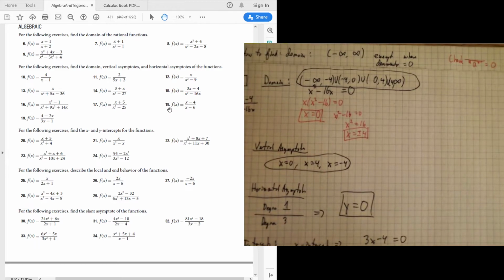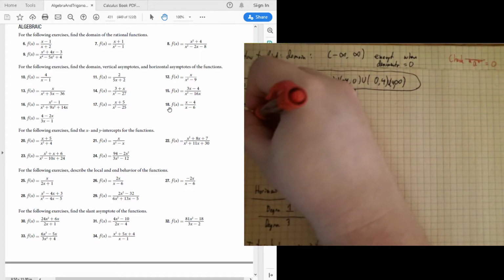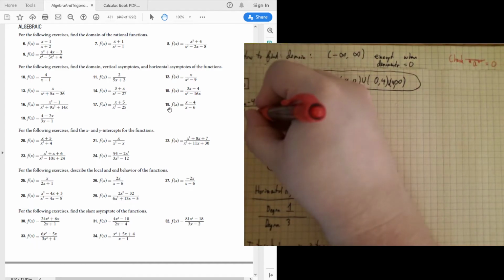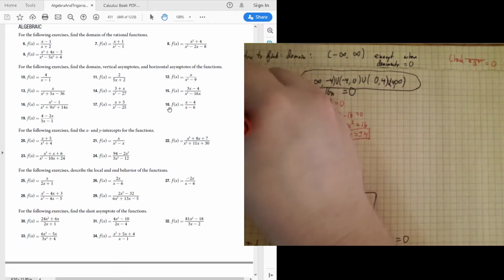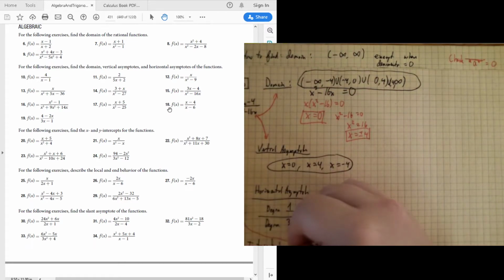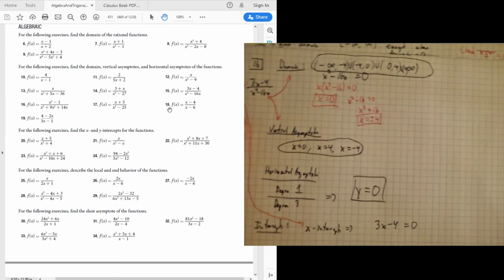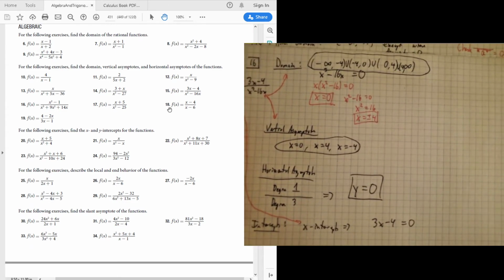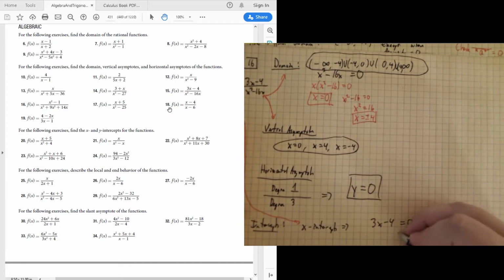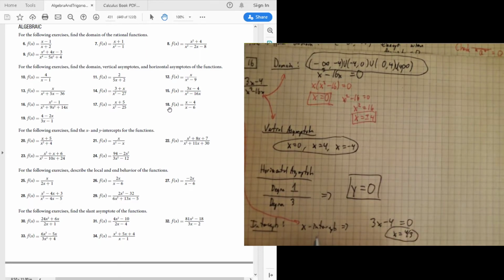Remember, the bottom piece of this function is used to find the vertical asymptotes and the domain. The top piece of this function is used to find the x-intercepts. So then we solve. When we solve this, we get x equals 4 over 3, which means this will be a place where I cross the x-axis.